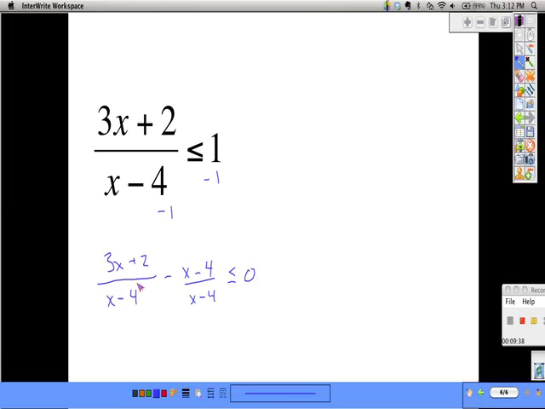And now I can combine like terms on the top: (2x plus 6) over (x minus 4). We have a 0 at negative 3 for x, and a vertical asymptote at x equals 4.